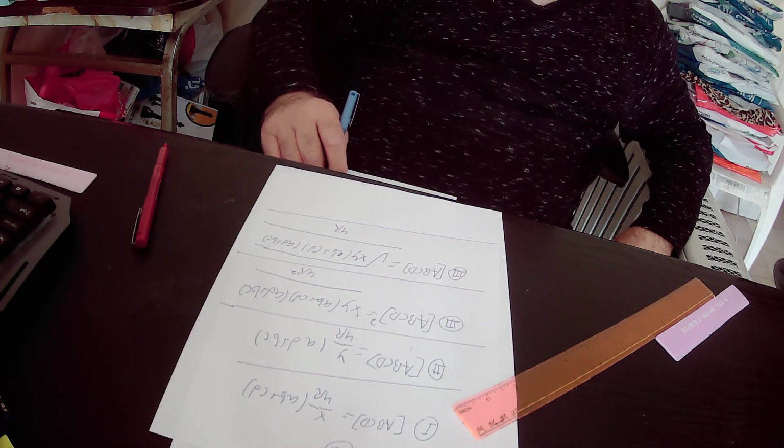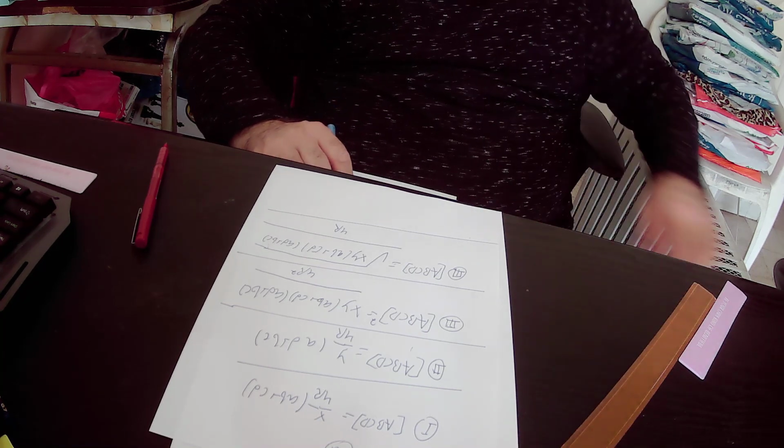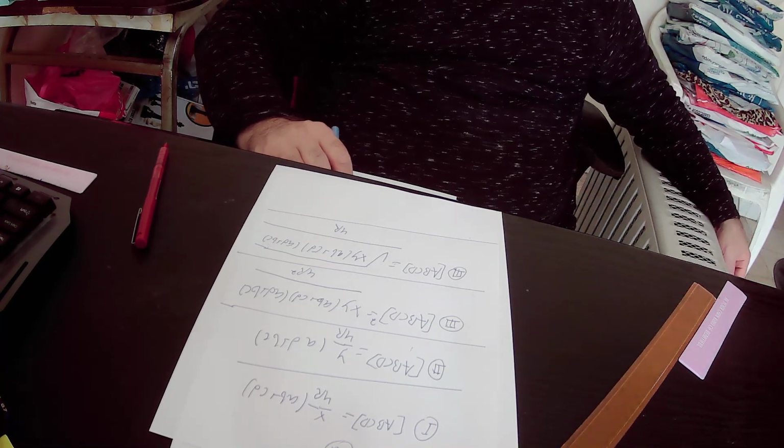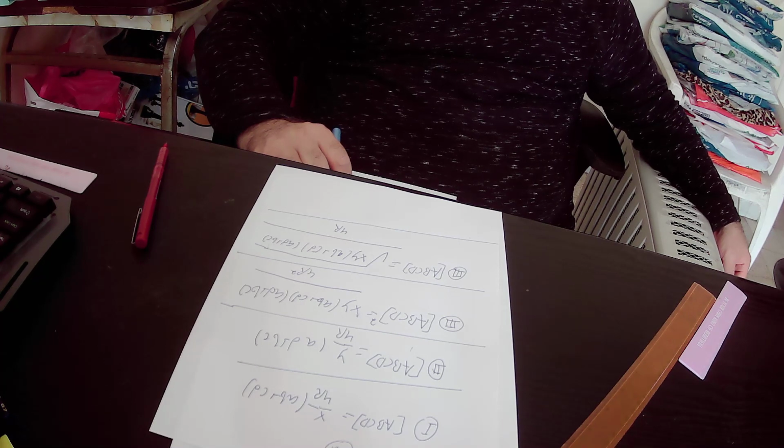So here we will multiply equation number 3 by R, and then we will divide it by the area of quadrilateral ABCD.